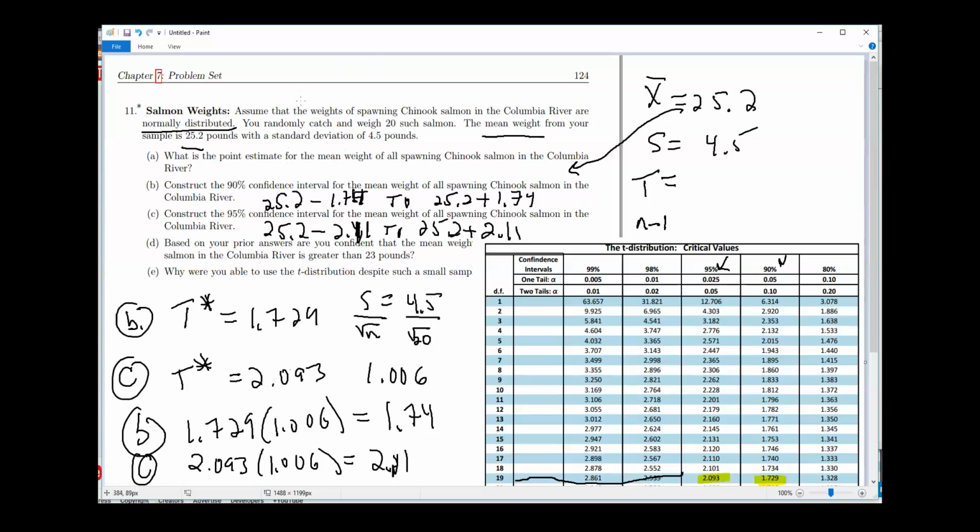Maybe before I go, since I've got the time, I'm going to use the applet. In fact, let me write down some numbers here. So n is 20, the sample mean is 25.2, and the sample standard deviation is 4.5. We want a 90% and a 95% interval, because I want to encourage you to use the applet.